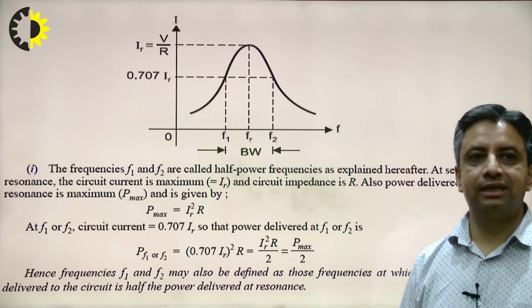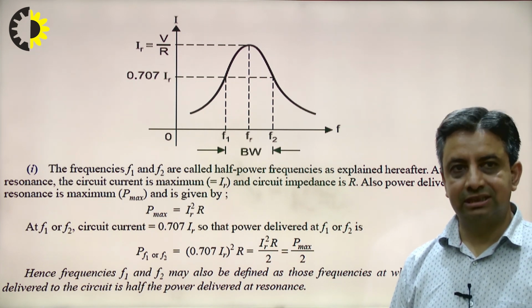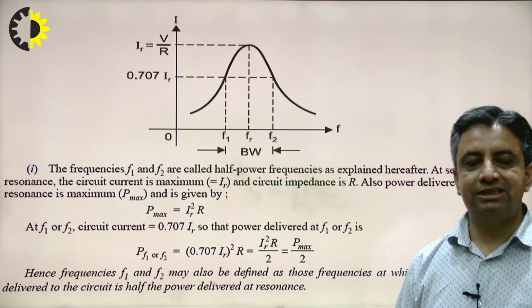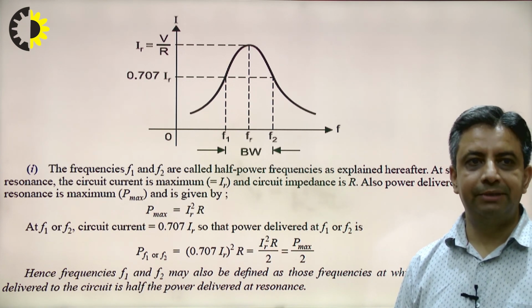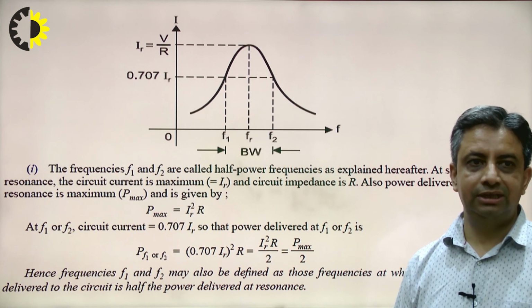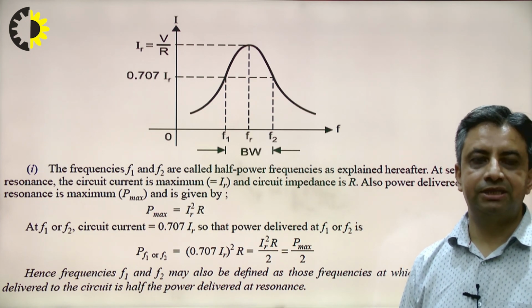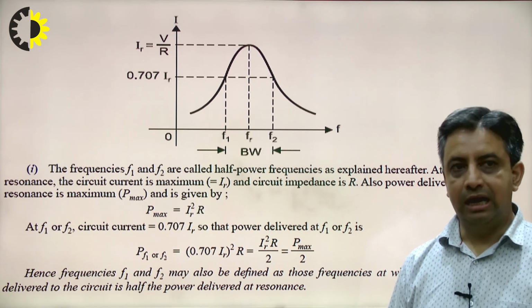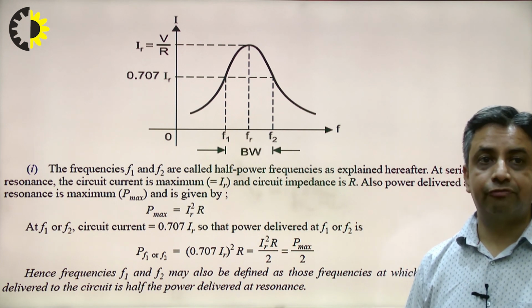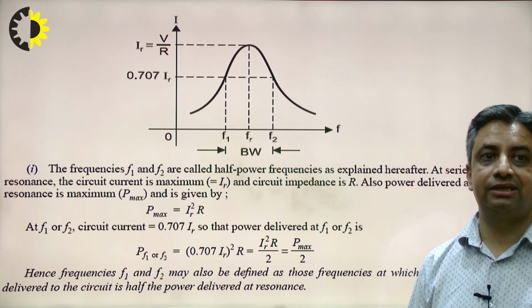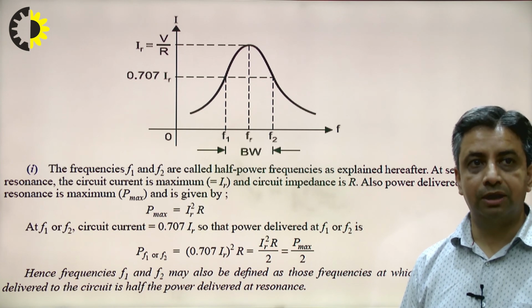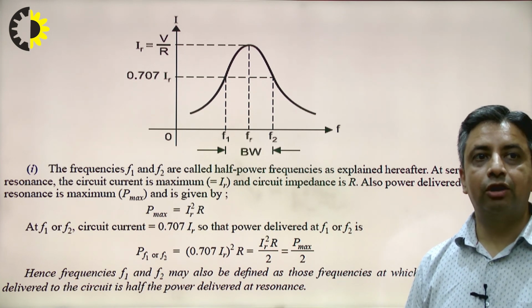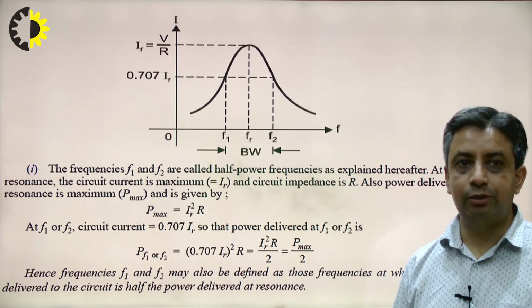So what is the reason for that? As we have discussed earlier, the power dissipated by the circuit is maximum at the time of series resonance, and it is given by the expression I square R. Now at the cutoff frequencies, whether lower or upper, the value of the current is I by root 2.